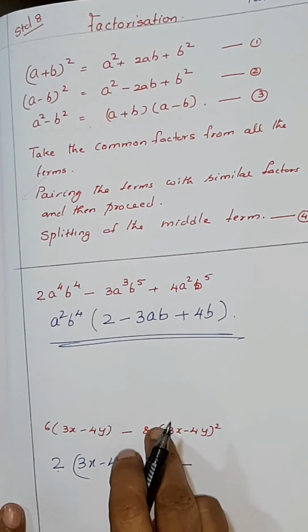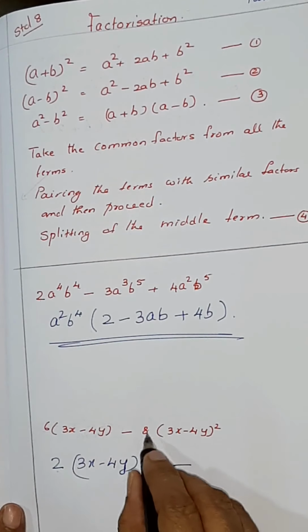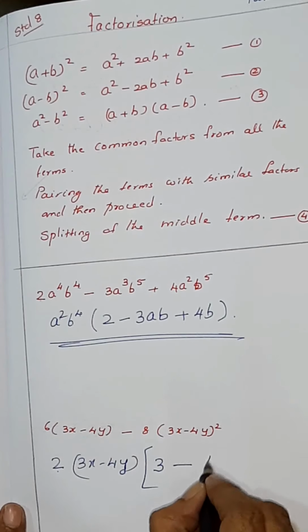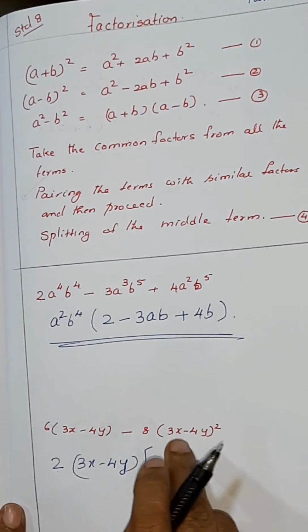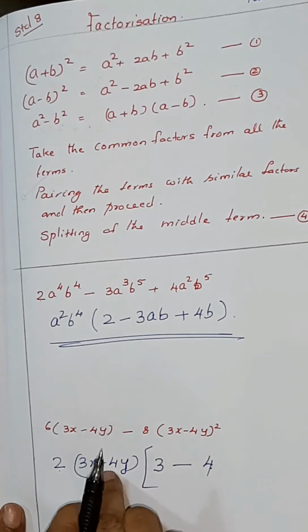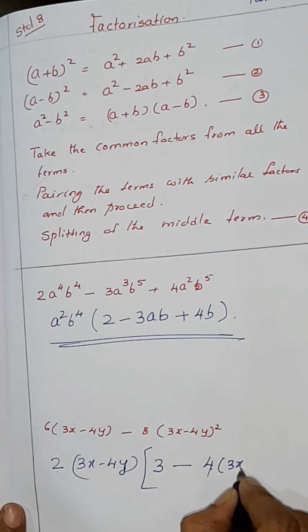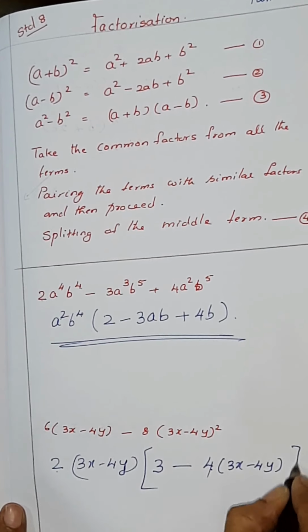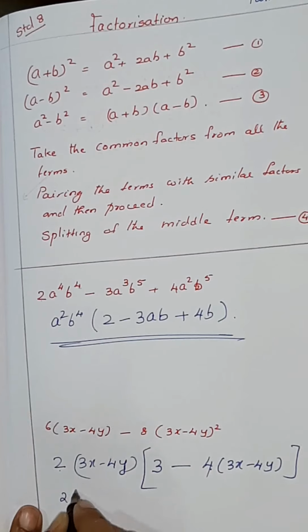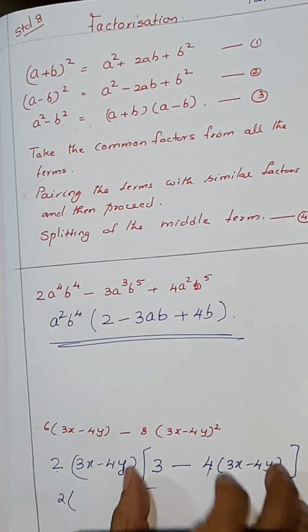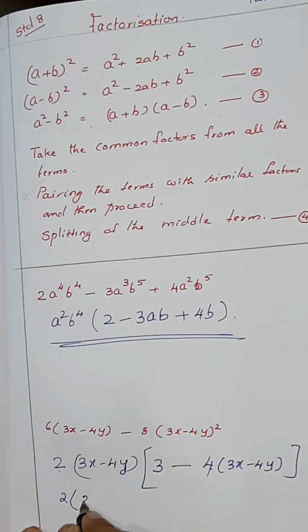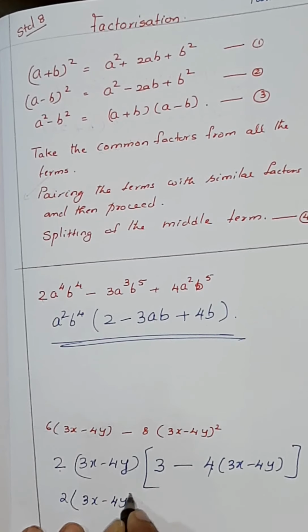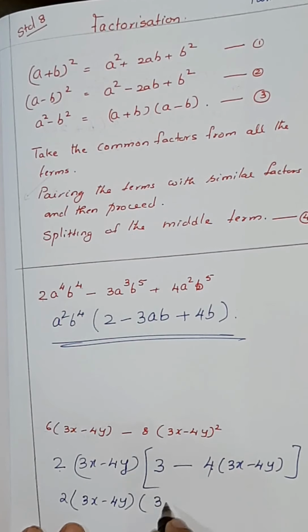Going to the next term, out of 8, 2 into 4 is 8, so 4, and 3x minus 4y has come out. So you are left with 3x minus 4y. Now we will simplify this. Generally we do not write it like this; we simplify and write 3x minus 4y into 3 minus 4, this is 12x, then minus and minus plus 16y.